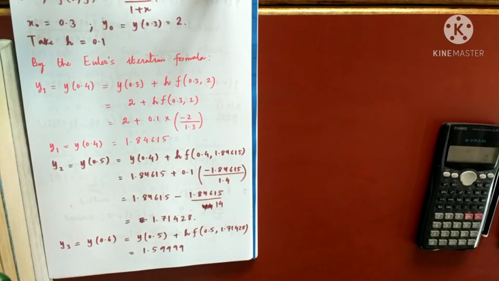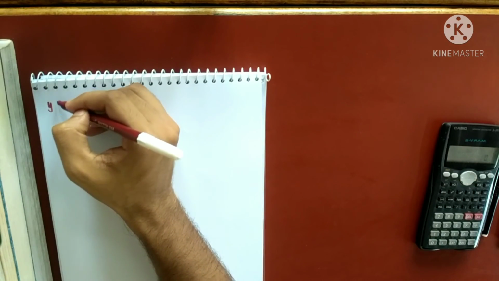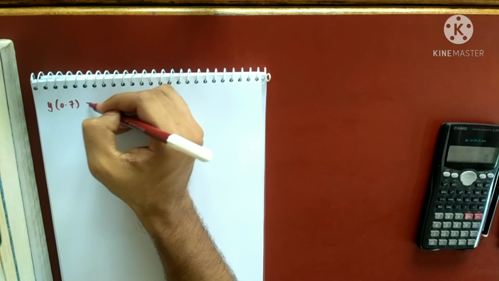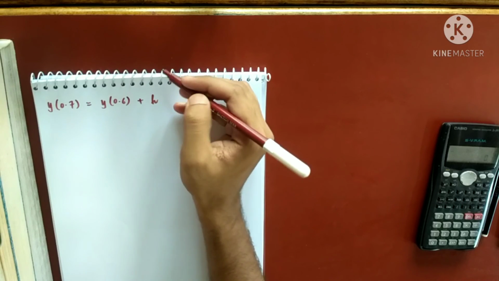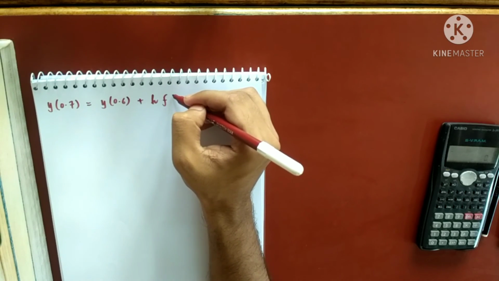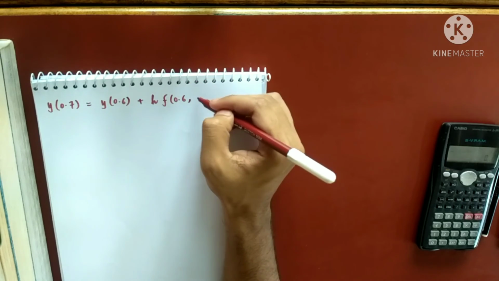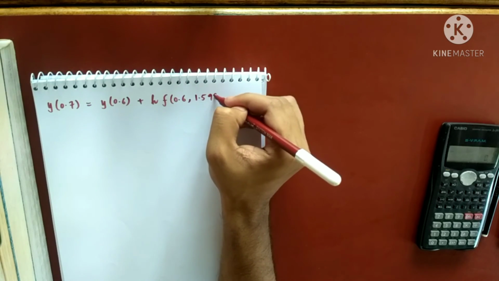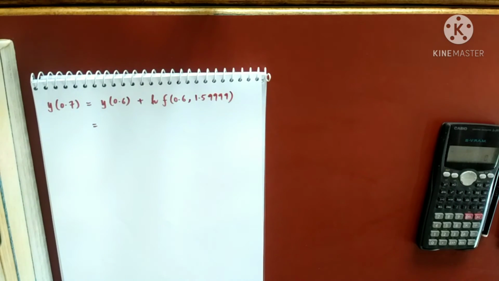Keep on doing. Next will be y at 0.7. This is nothing but y at 0.6 plus h times f at 0.6 comma the last value of y, which is 1.59999. Please compute this and check.